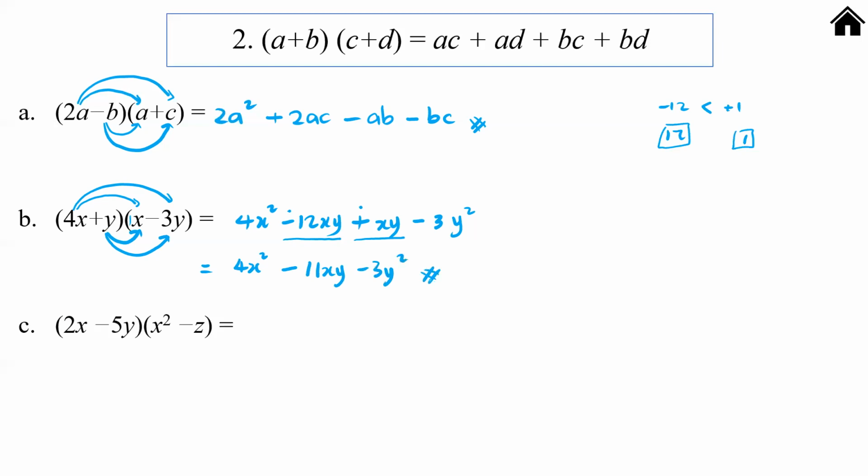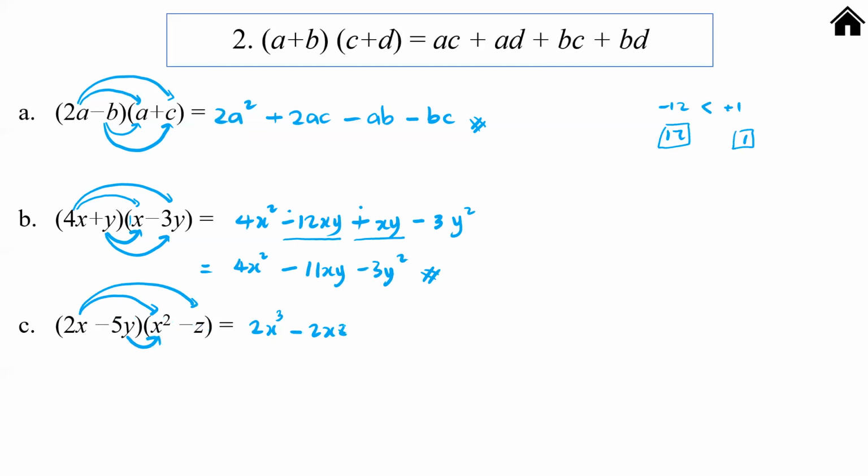So that's our expansion. The last part, 2x times x squared. Number times number, 2 times 1 is 2. X times x squared is x cubed. Then 2x times negative z. Settle the sign, positive times negative is negative. Settle the number, 2 times 1 is 2. Settle the variable, x times z is xz. Followed by 5y times x squared.